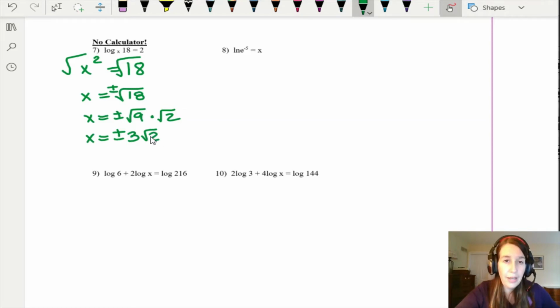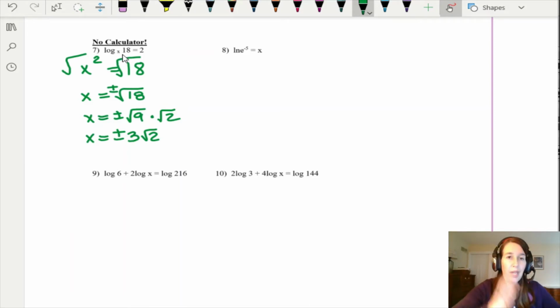Okay, now before we finish, remember that we said we have to look for extraneous solutions. Whenever I have those negatives, I'm probably going to remember, oh, should I check and see if I can use that? Now the deal with the log, we cannot have a base that is negative. That will not work for the log.